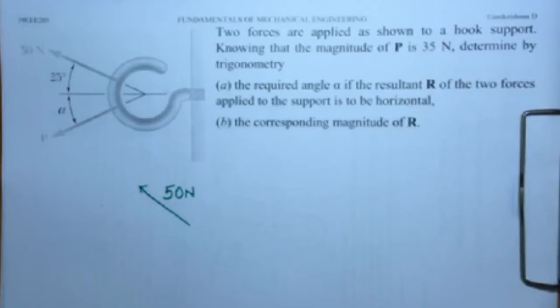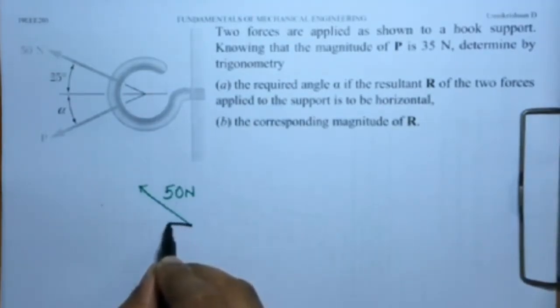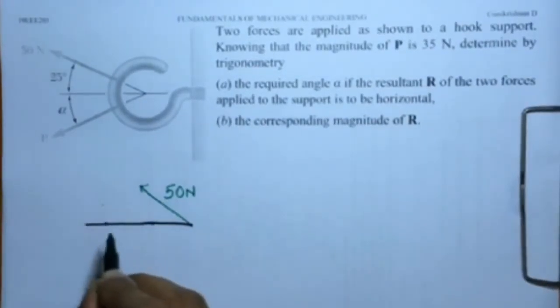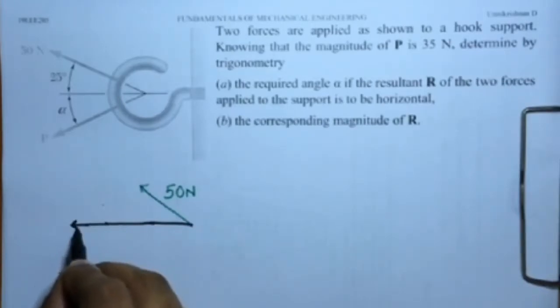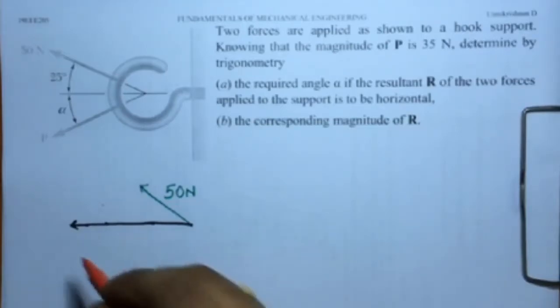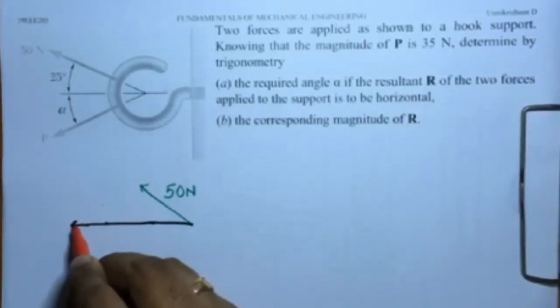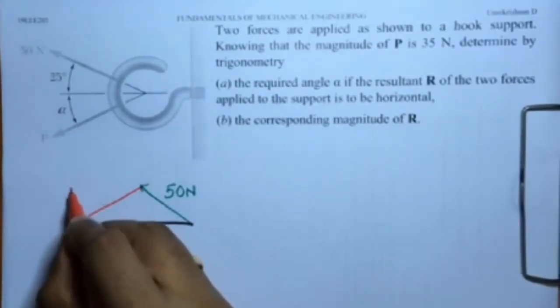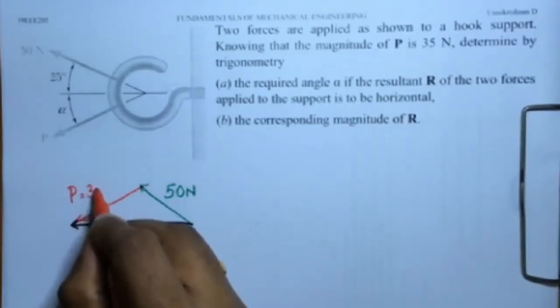And I need my resultant to be horizontal. Now, you have the force P, that is 35 newtons, acting at some angle alpha. So, this is your P, that is 35 newtons.